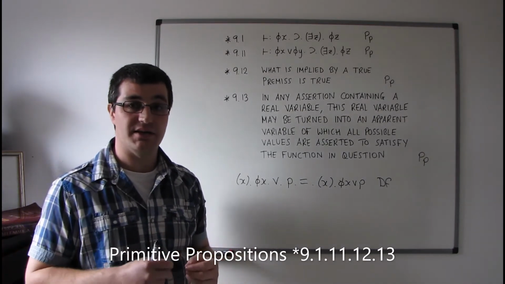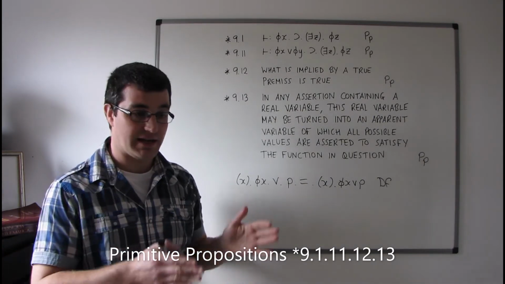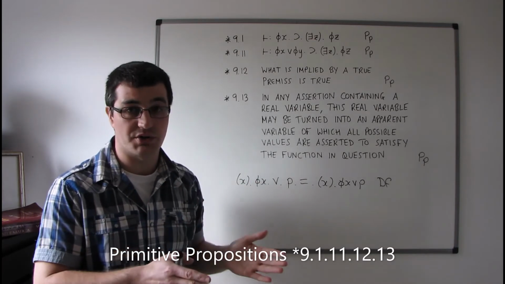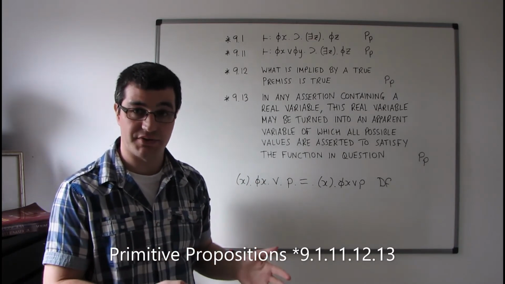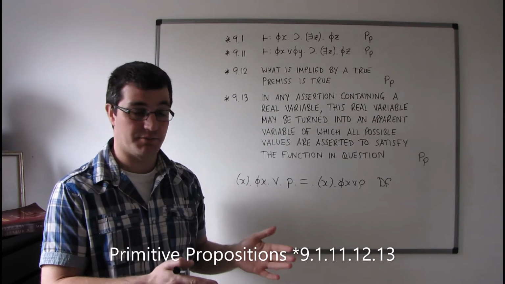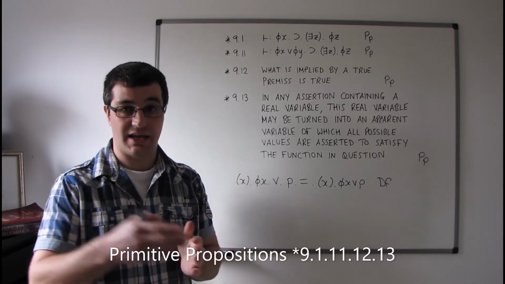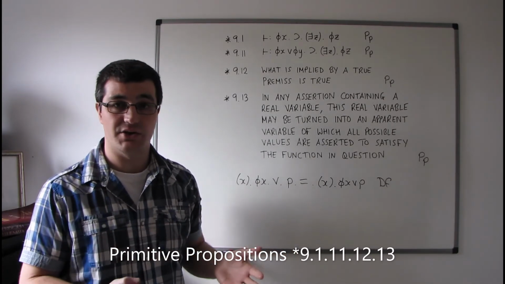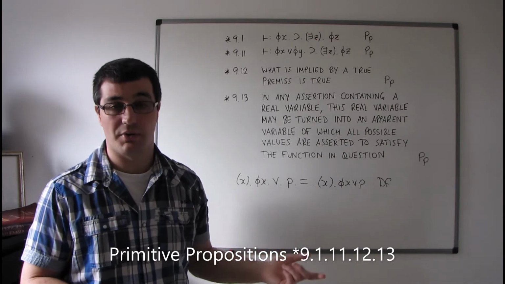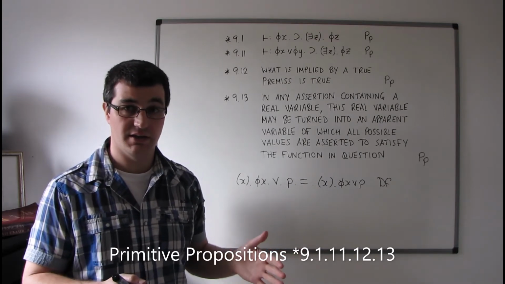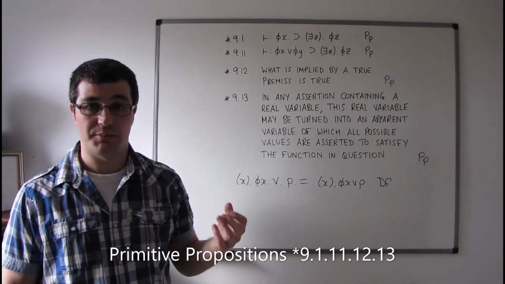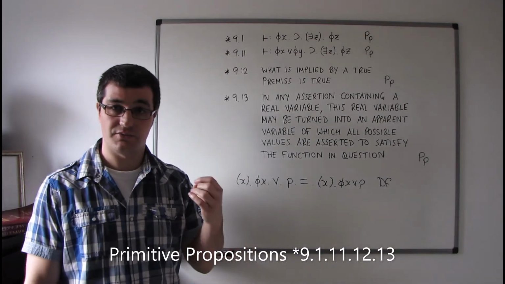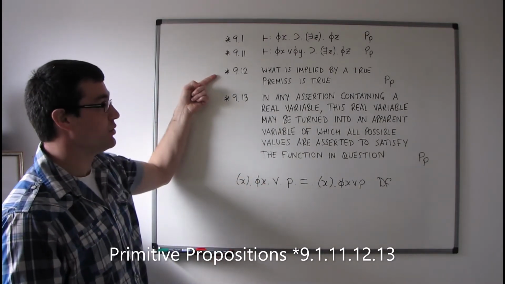However, it may be that in actual fact I have a first order proposition as my hypothesis. It might be that the first order proposition is true and that it implies something. Well, I can't use star 1.1 or 1.11 there. I need a beefed up version effectively of my rules of inference, and that's 9.12.